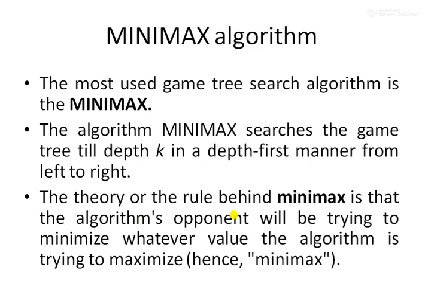And similarly, from the opponent's point of view, Max will think that Min will not allow me to win, right? So whatever value I am gaining, Min always tries to minimize. And from Max's point of view, Max will always try to maximize the value so that Max will win. So that is the strategy which is applied in MiniMax with depth k.